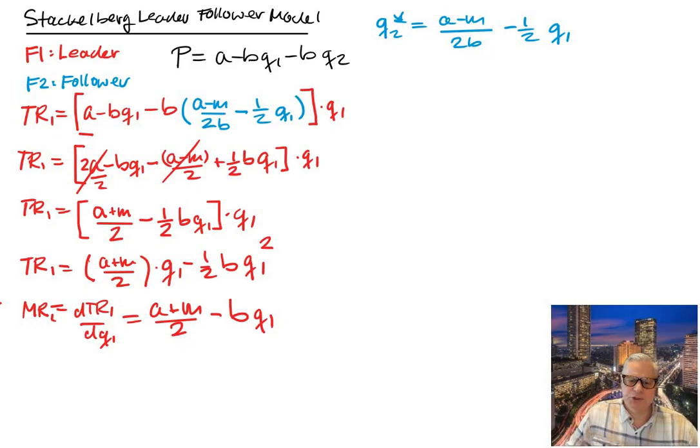Okay, so this now needs to be equal to the marginal cost. So marginal revenue equals marginal cost. That's the profit maximizing condition.